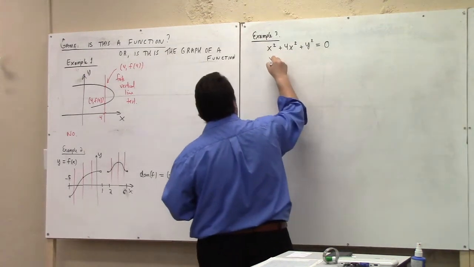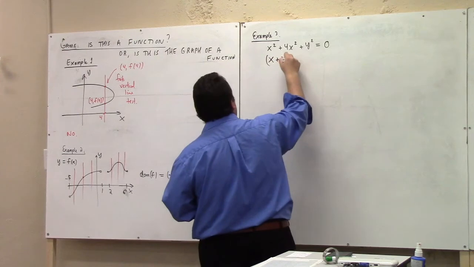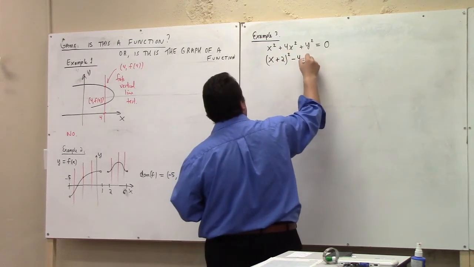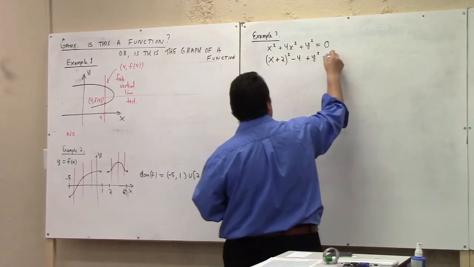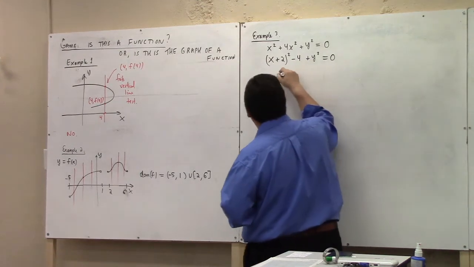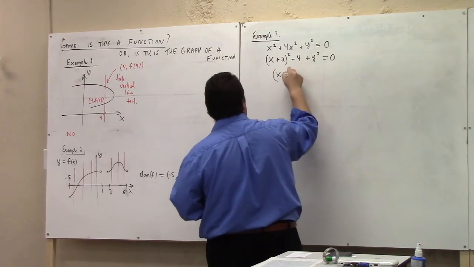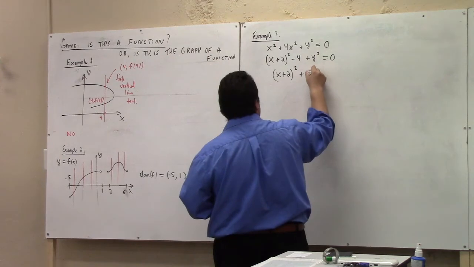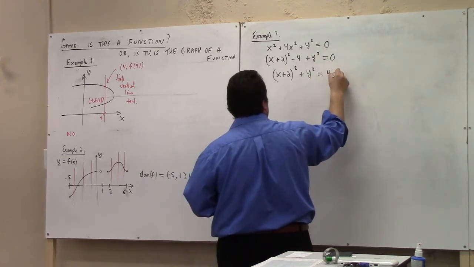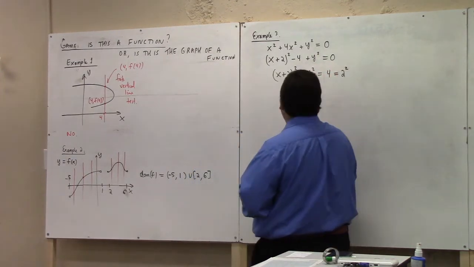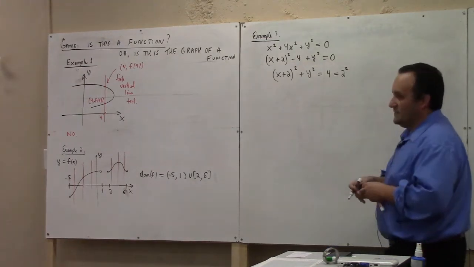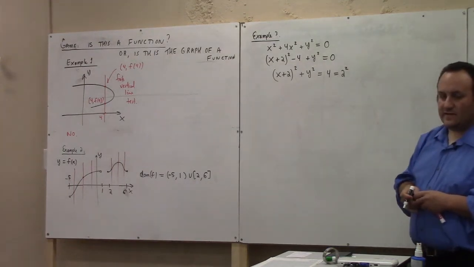So how did we look at this before? We complete the square, right? So this gives us (x plus 2) squared plus y squared equals 4. Once I put the thing in standard form, you can see, hey, this is actually a what?